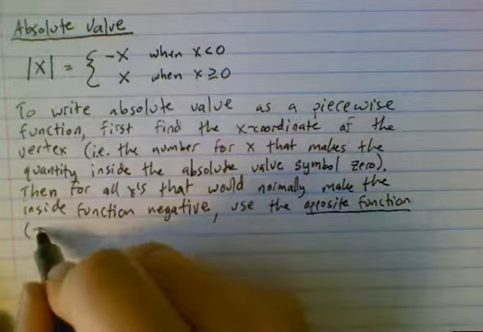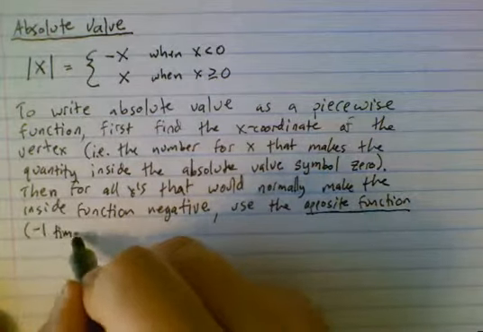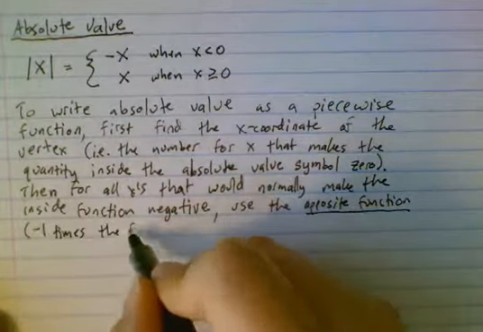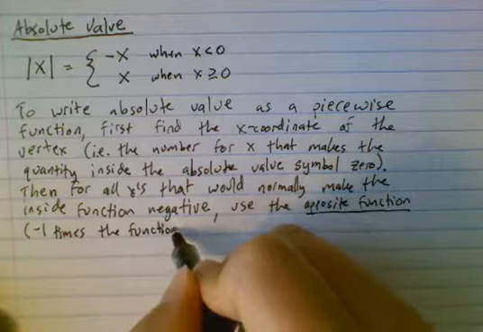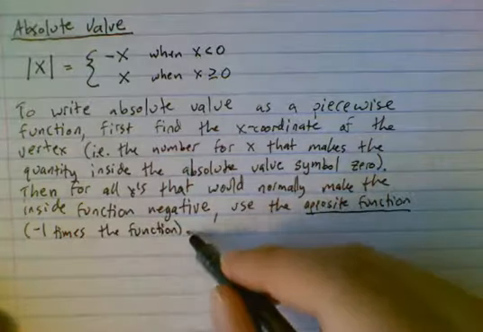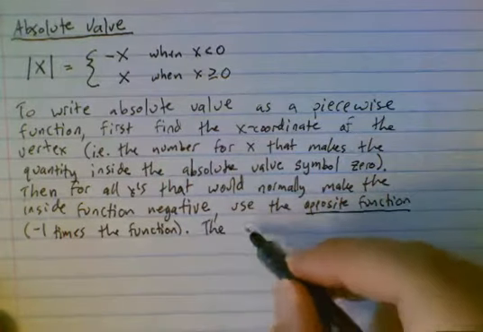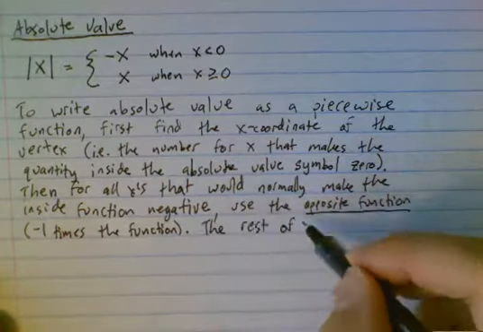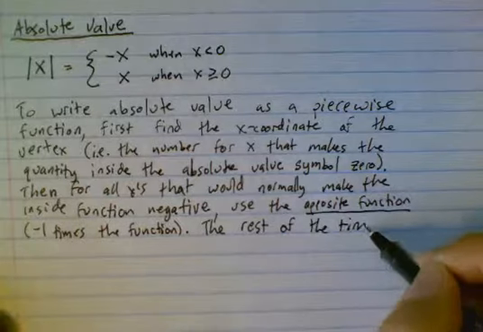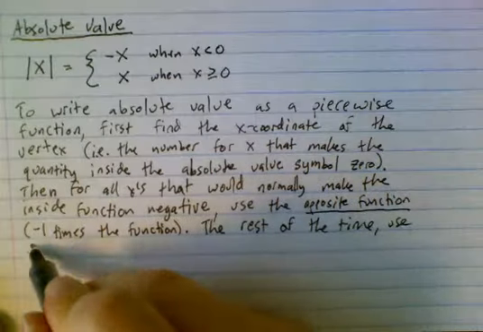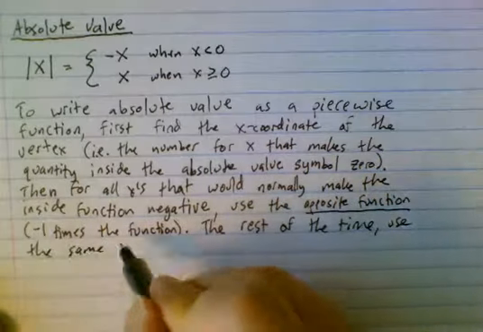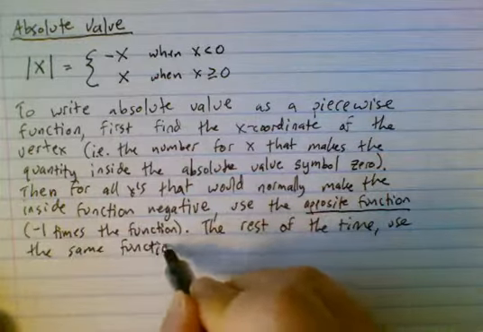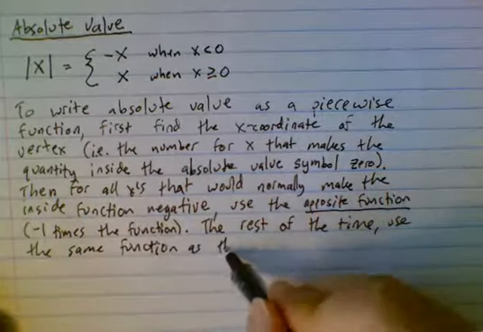The opposite function is negative 1 times the function. The rest of the time, use the same function as the original.